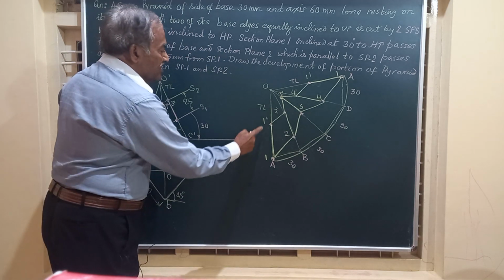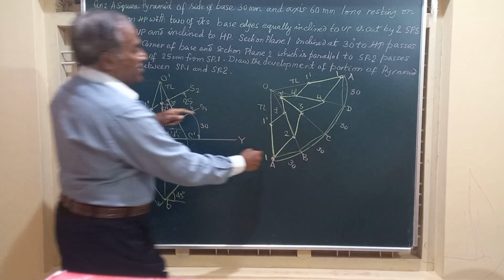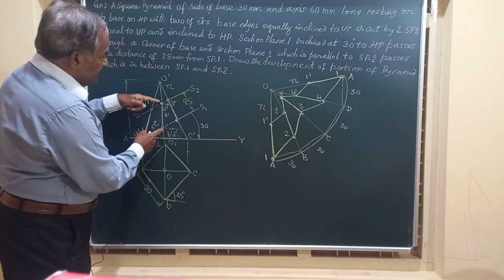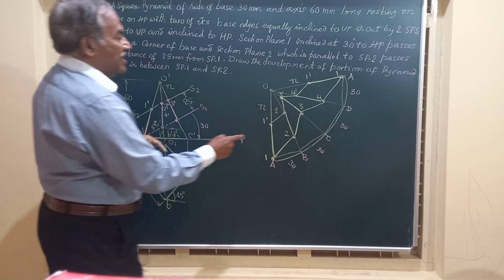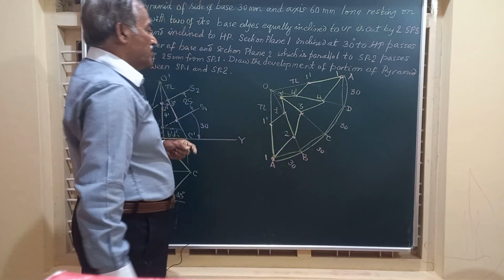And remember friends, 1 dash 1 is this, 1 dash on both the sides. 4 dash 4 is for this. Similarly, for these you have got 3 3, all this you have got.